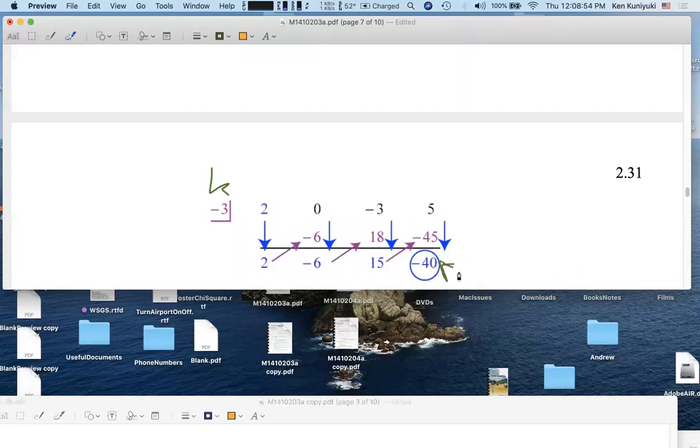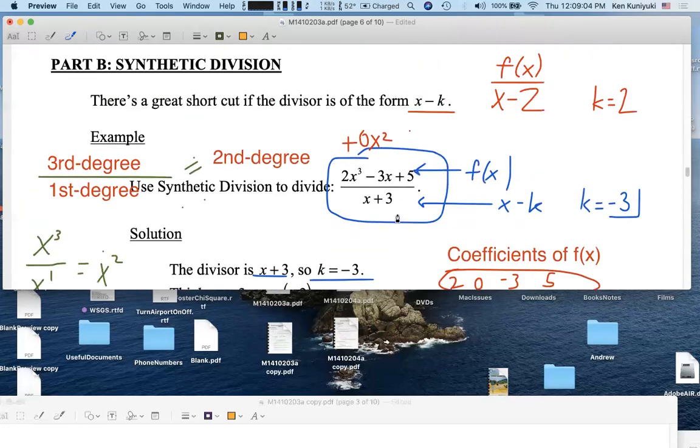This is r, the remainder. Use these as the coefficients of your quotient. It's going to be a second-degree polynomial. Basically, the degree goes down by 1. When you divide an nth degree polynomial by a first degree polynomial, which is always the case with synthetic division, the result will have degree n minus 1. You drop the degree by 1.